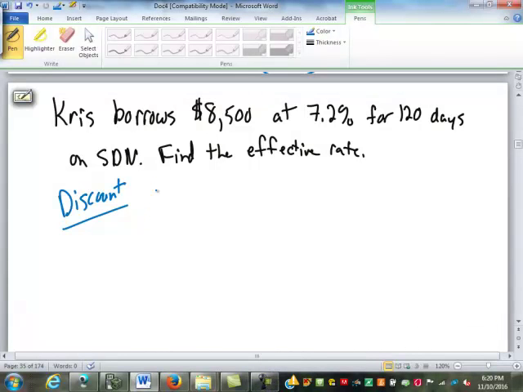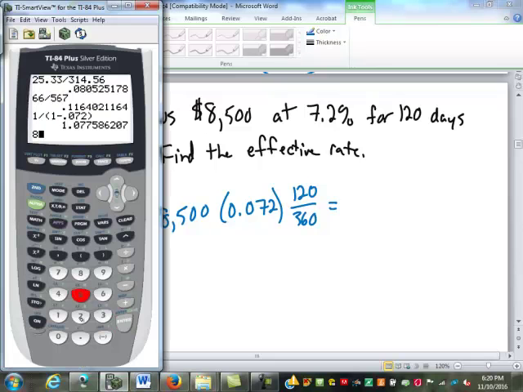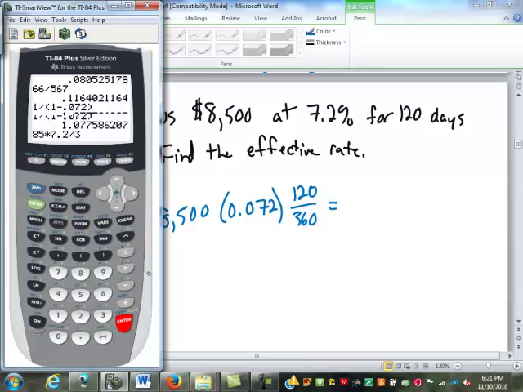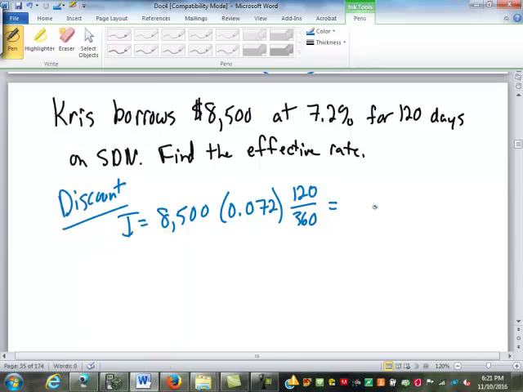So our first step is to find the discount. $8,500 times 0.072 times 120 over 360. $204.